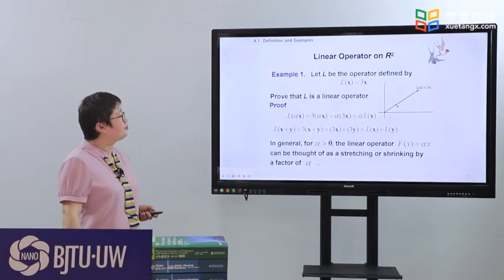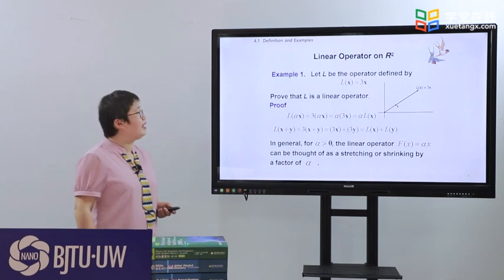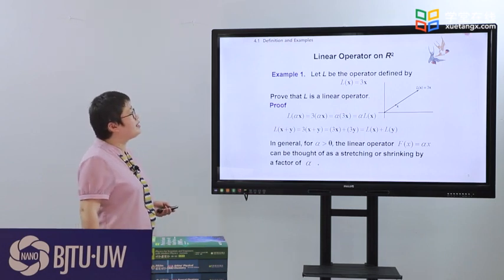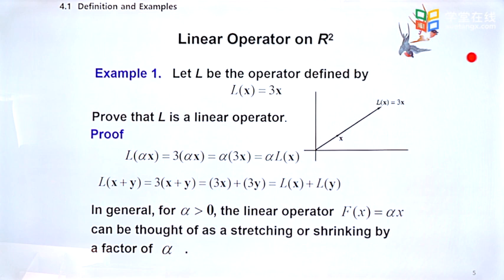Okay. Now we see simple examples. First, we see linear operators on R2, the two-dimensional real vector space. Let L be the operator defined by L(x) = 3x. We are asked to prove that L is a linear operator.